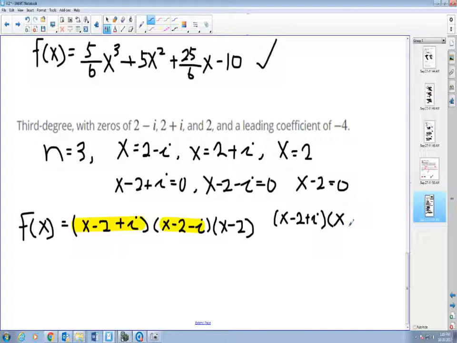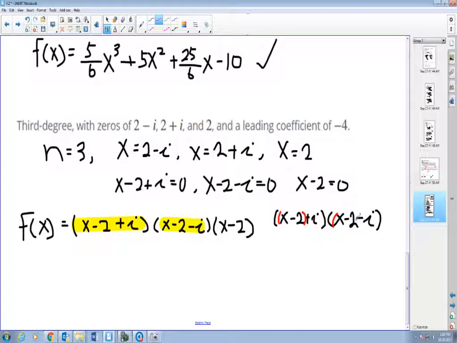One of the things we are learning here is recognizing certain patterns that can help me multiply this out quickly. What do you see here? There is something going on here that can help me tremendously. Let me give you a hint. Look at x minus 2 together.